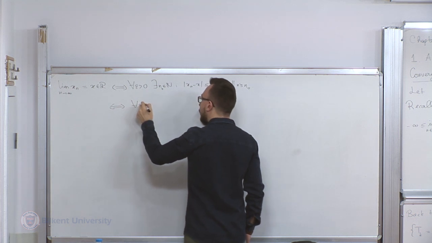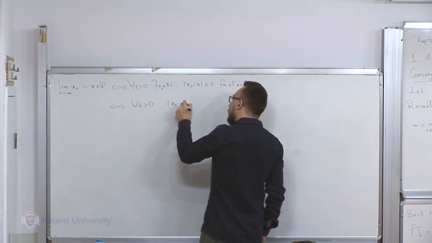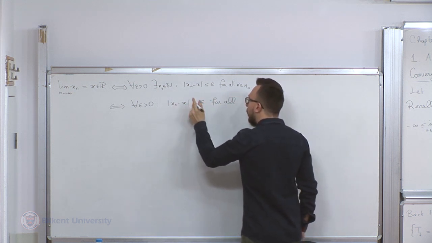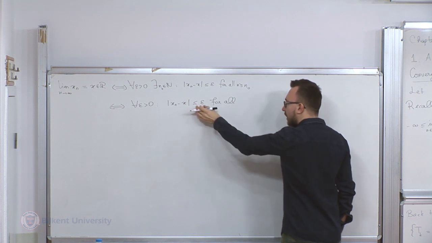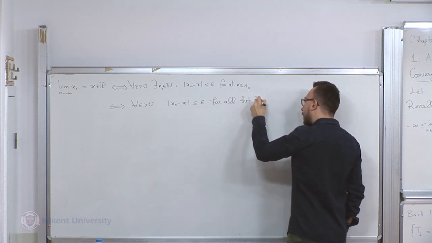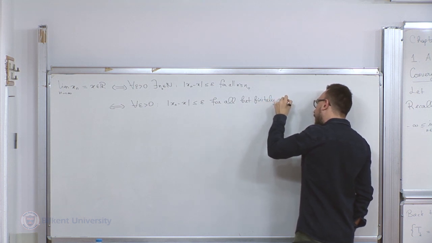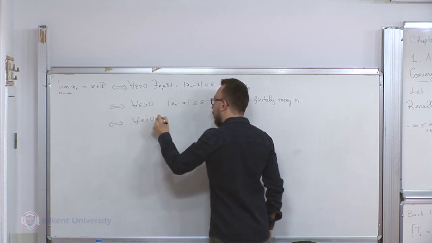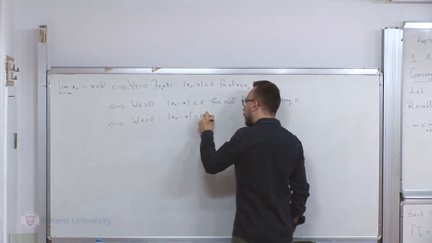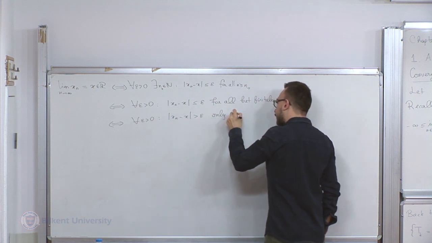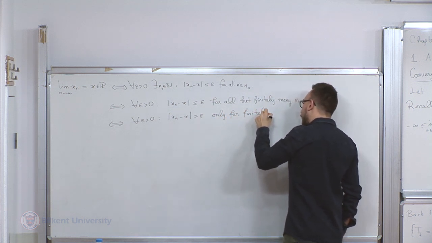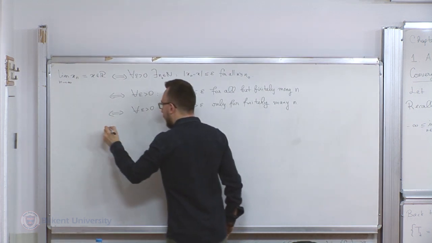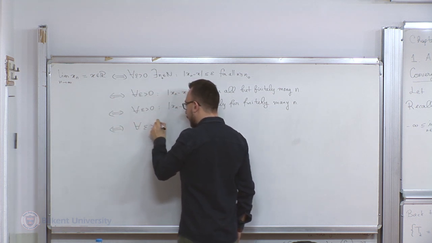So for every epsilon, this is less than epsilon for all but finitely many n, or let me say it the other way around: this is greater than epsilon only for finitely many n. Why do I say that? Well, because I'd like to have a nice way to write down convergence.